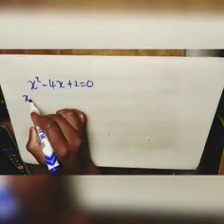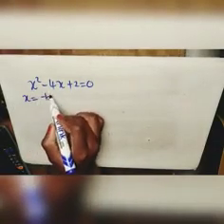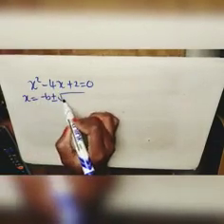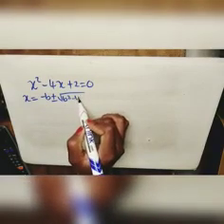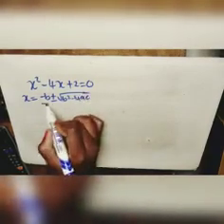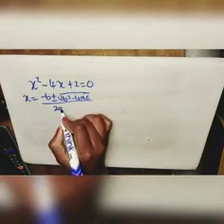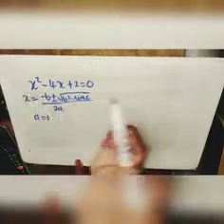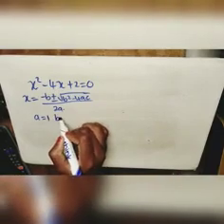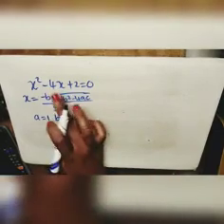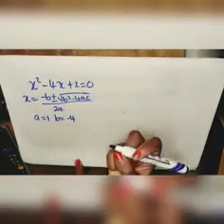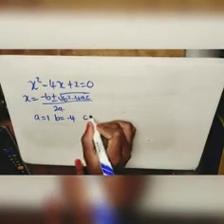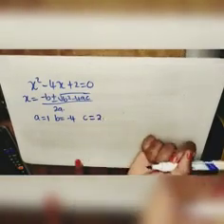So we are going to say x is equal to minus b plus or minus the square root of b squared minus 4ac, all divided by 2a. We said our a in this case is 1, the number before x squared is 1. Our b in this case is minus 4, the number before x is minus 4, and our c is 2 in this case.